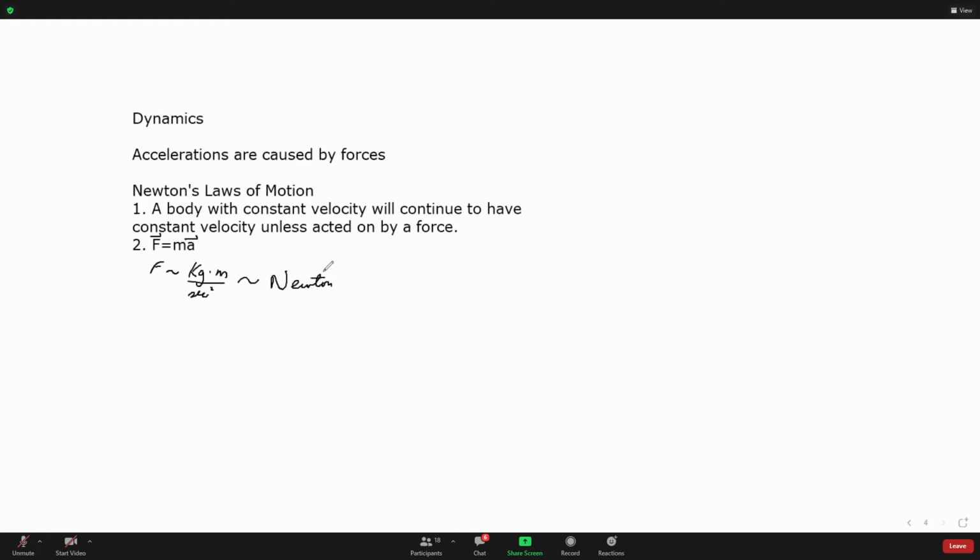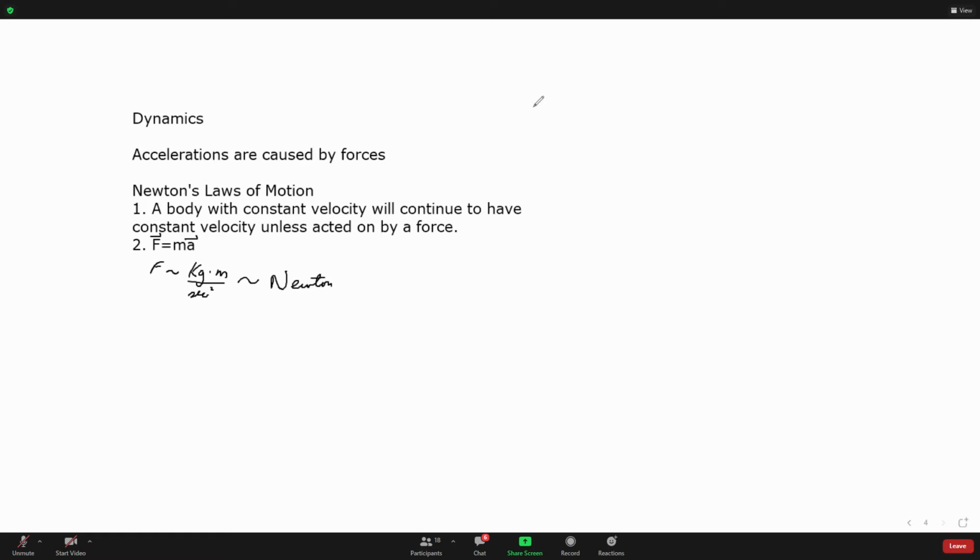So it is improper when doing physics in the English system to use pound as if it is a mass. You have to use the slug as a mass, and the slug is an amount of mass that would weigh 32 pounds in the Earth's gravitational field near the surface. Okay, but we're not going to care about that. We only care about MKS. So the MKS unit of force is the Newton.